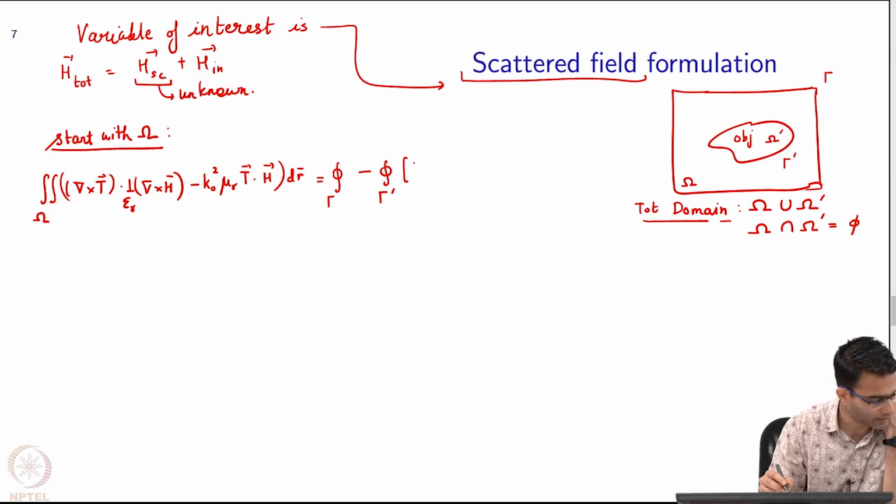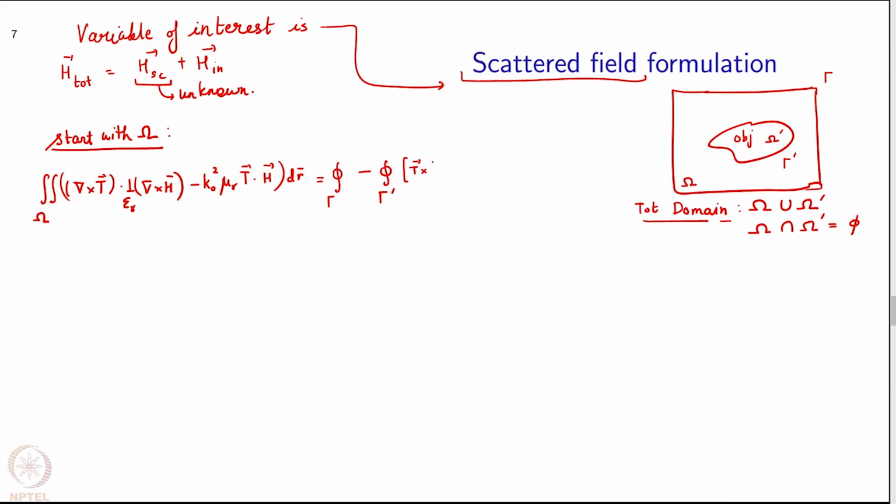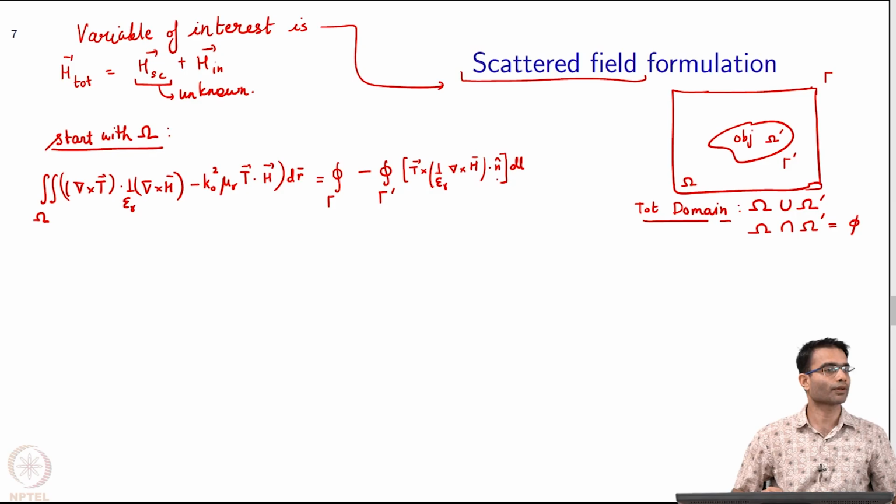The integrand has the same shape, so I won't write it two times. So, this is going to be t cross... I am just rewriting what we had already derived.